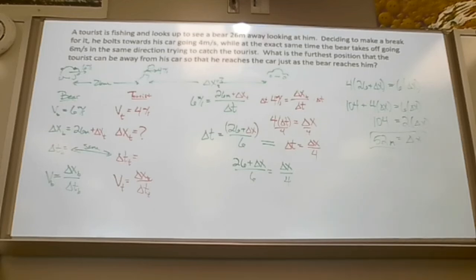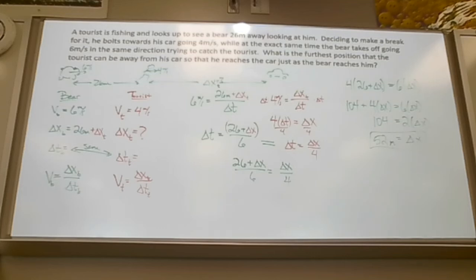The bear is 26 meters behind the tourist, so it would take 13 seconds for the bear to make up that 26-meter difference. If the tourist is running for 13 seconds, he can run 52 meters. That would be the intuitive route. If that didn't hit you, just let that pass on by. That's fine.